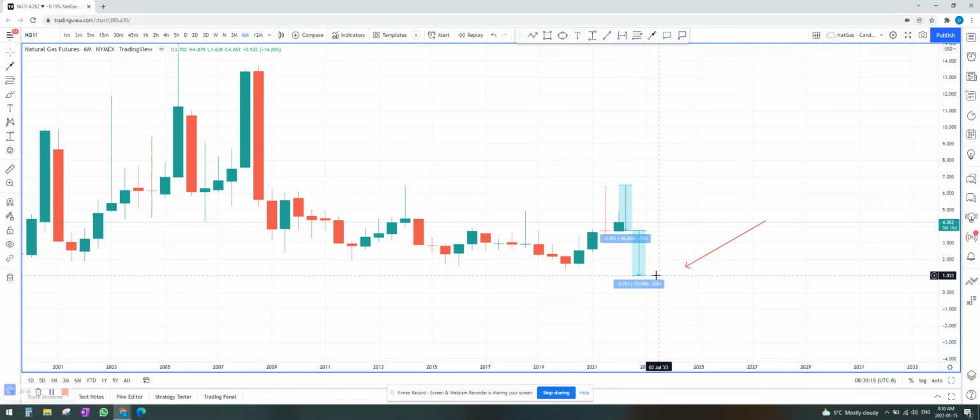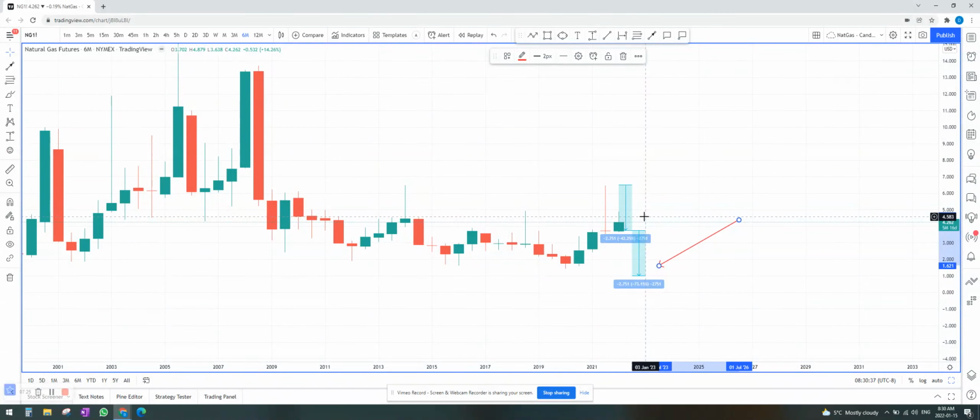It might happen very soon, or over a period of time. In the previous cases, it took three, four, six month periods. So that's an opportunity here in general, and it will require a lot of waiting. But we know that in most cases, the gravestone doji resolves down. This is what we can get from this chart.